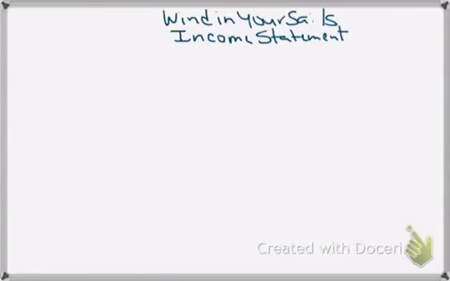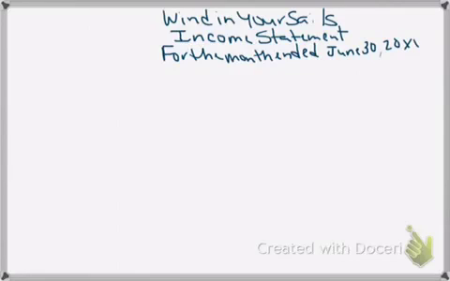And then I would have for the month ended, because we're only looking at 1 month for this particular company, June 30th, 2000 XX, because we're not real sure what year we're in. That is going to be the header for the income statement.